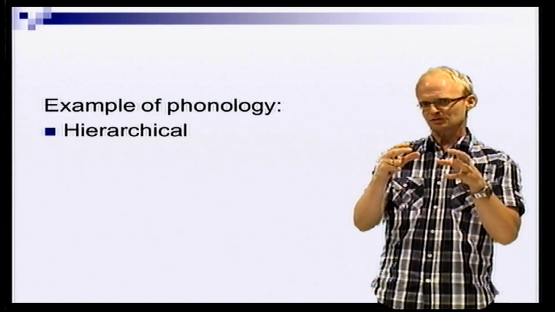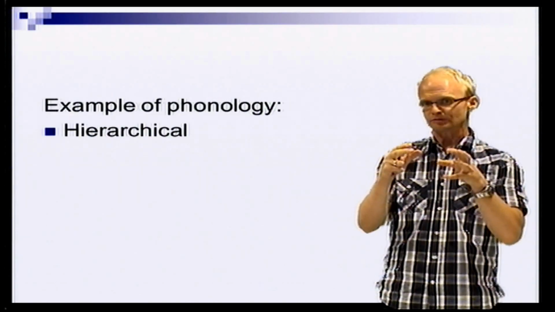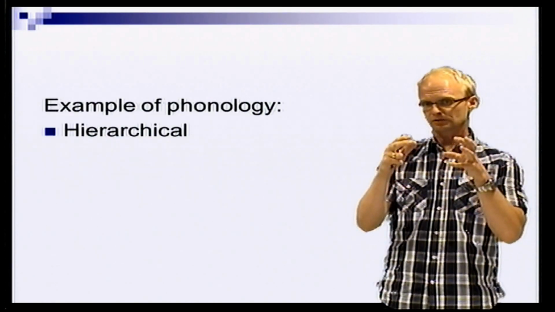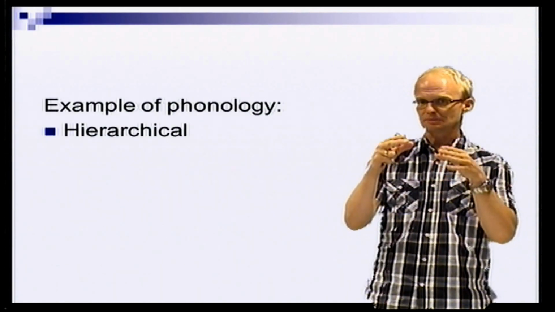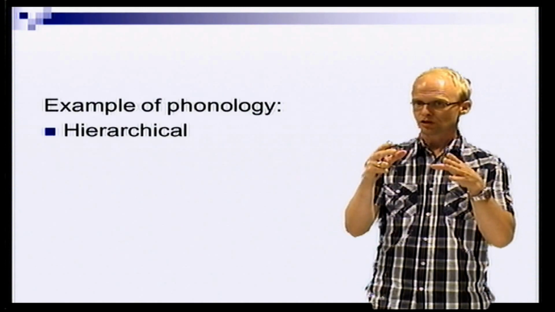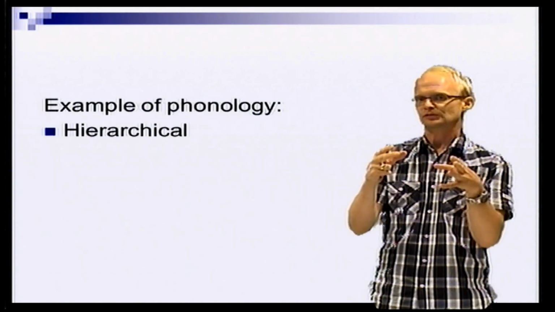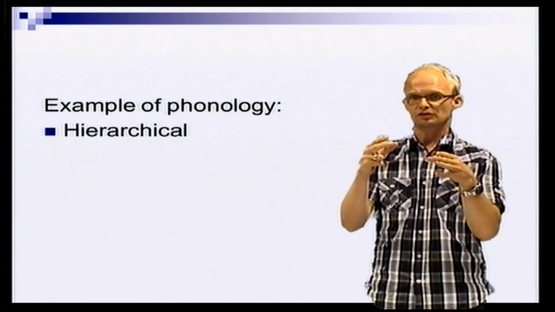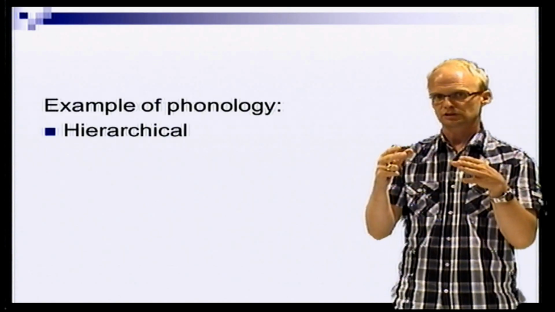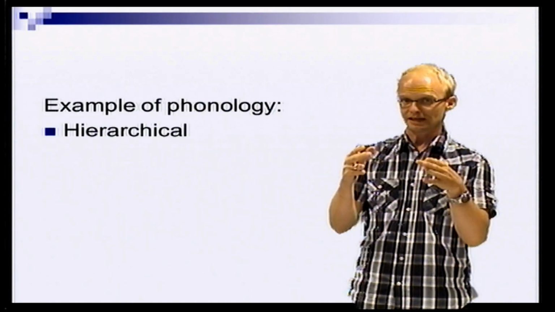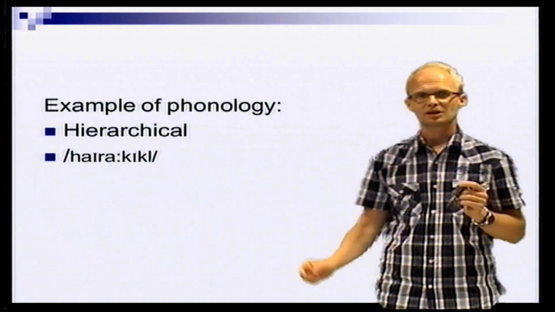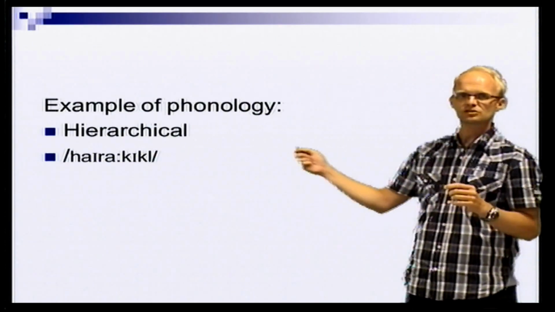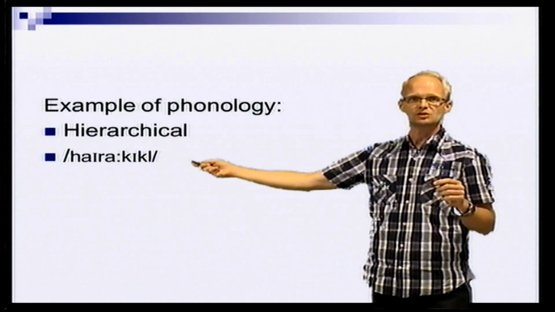But if we know something about how words can be transcribed in terms of the pronunciation, this can help us to find the correct pronunciation of different words. So if we take this word here, which is pronounced hierarchical, we can go to a pronouncing dictionary to see how it is pronounced.